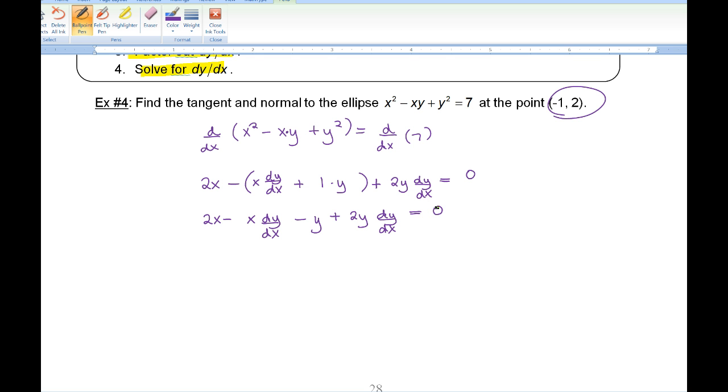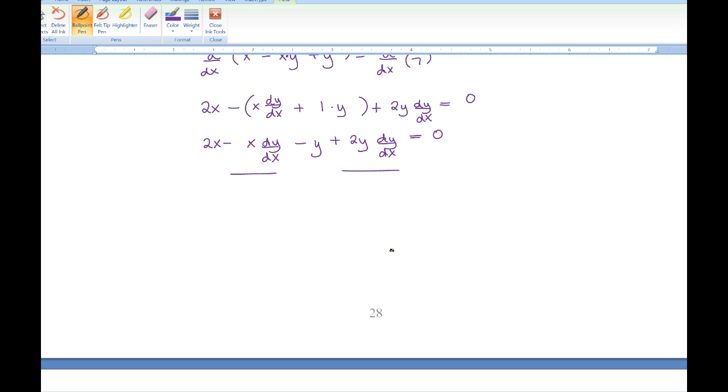Okay, now we want to get these two terms on the same side, and the other two terms we're going to move to the other side. I'm just going to rearrange this as 2y dy dx minus x dy dx and make this a y minus 2x on the right side, just so I don't have a negative in front, but honestly it's fine.